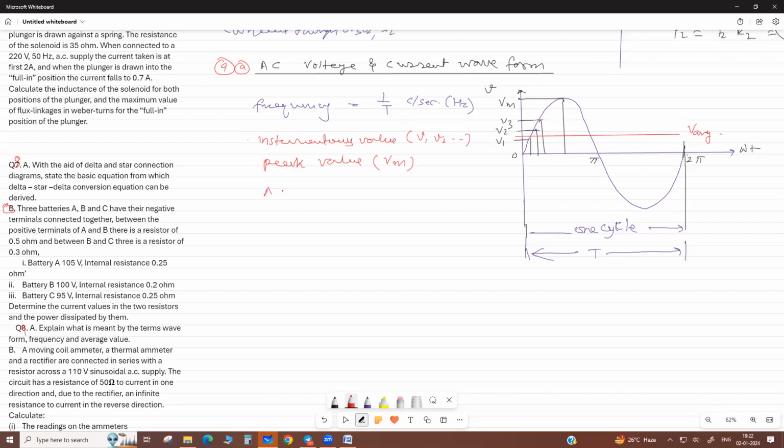Then you have the average value, V average. Then RMS, VRMS.